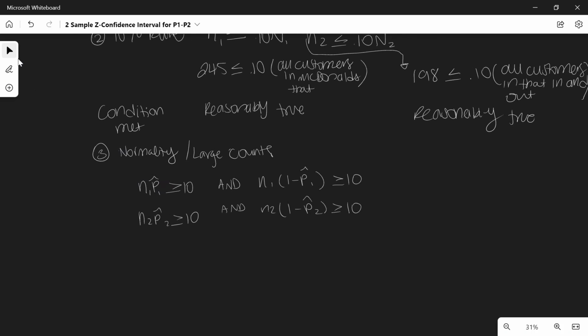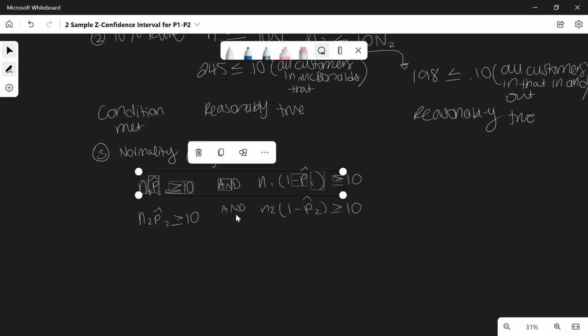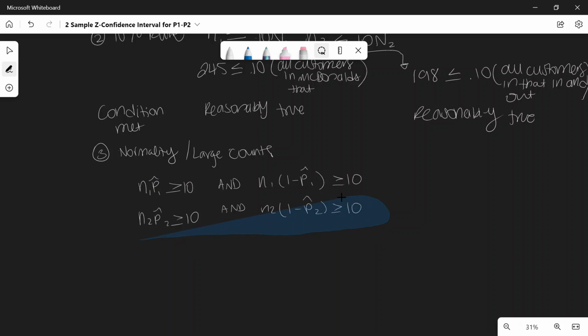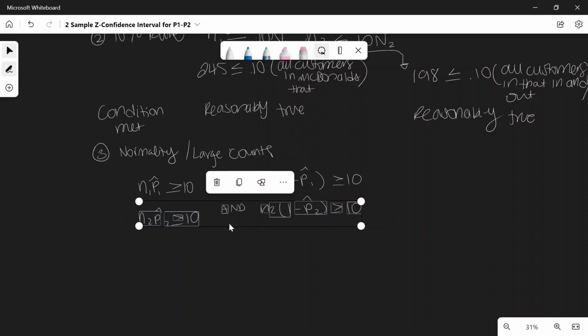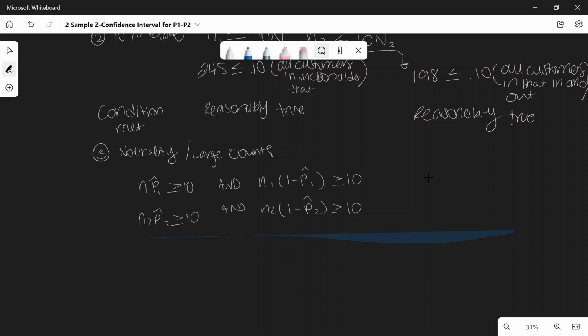Why can't I select? Oh, here it is. This is really bad selecting. This is really, really bad. Now I can't move it.